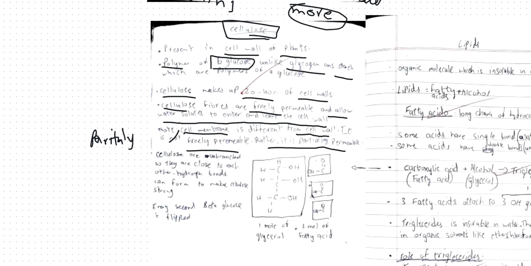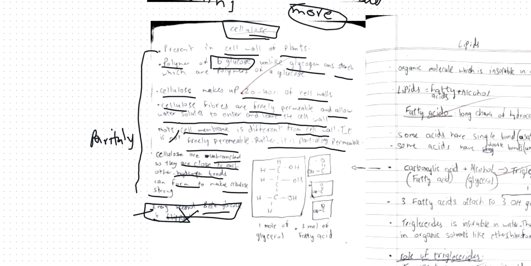Cellulose chains are unbranched, so they are close to each other. Hydrogen bonds can form to make cellulose strong. And every second beta glucose is flipped. I don't think you need to know this because this fact is for diagrams, but you won't really find diagrams in the exam. So this is pretty much cellulose.